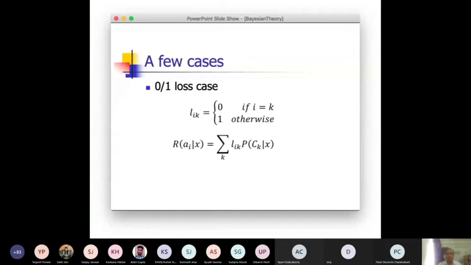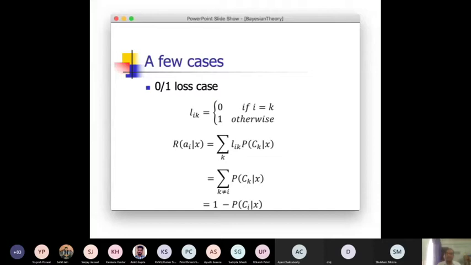You have computed posteriors for all classes given x, using the procedures we discussed earlier, and you have also been given this particular loss model. So how can you express it? 1 minus P(Ci given x). As I have mentioned also, the sum of posteriors given that instance for all classes should be equal to 1. So we can write it like this.